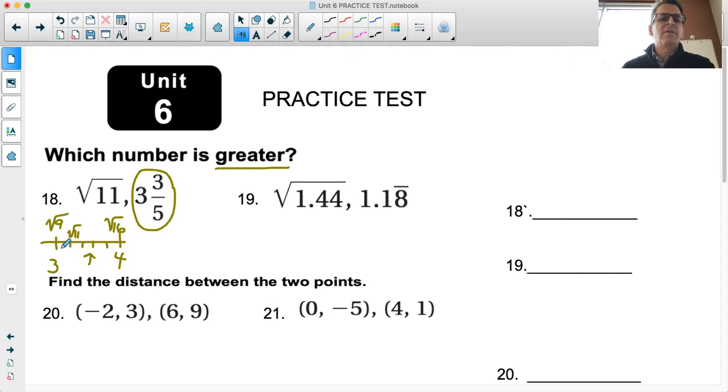The square root of 11 is going to be closer to 9. It's not halfway, because between 9 and 16 halfway would be like 12 and a half. So the greater number in this case is 3 and 3/5 for number 18.